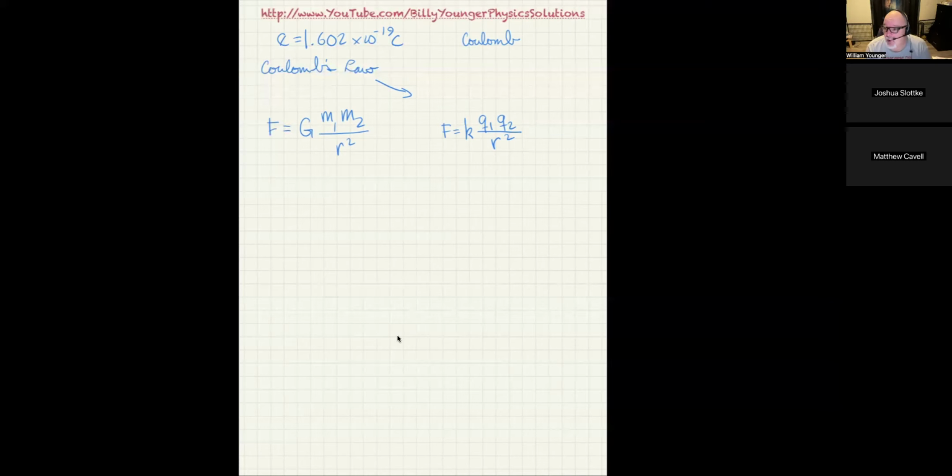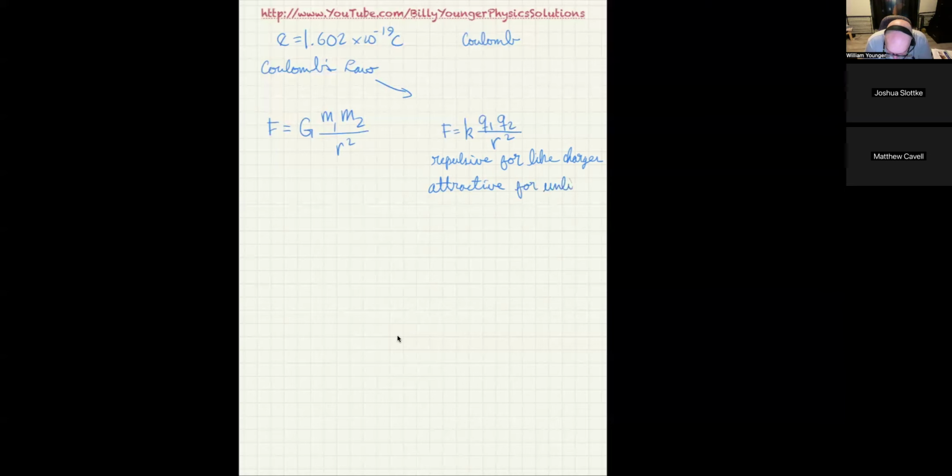But in this case, it's not always attractive. It's attractive when Q1 and Q2 have opposite signs, but it's repulsive when Q1 and Q2 have like signs. So repulsive for like charges and attractive for unlike.